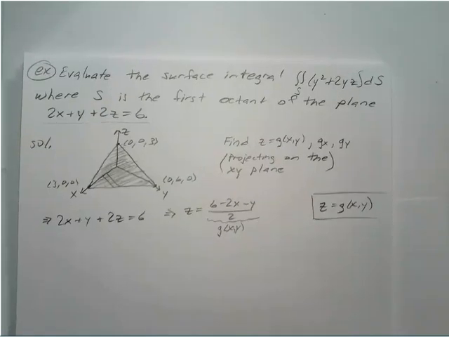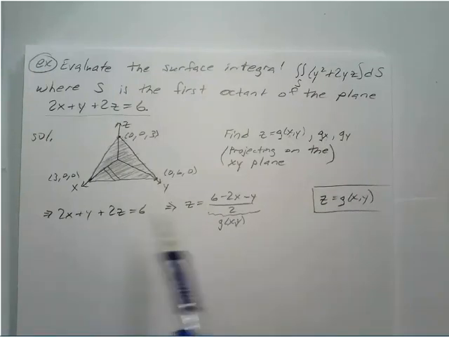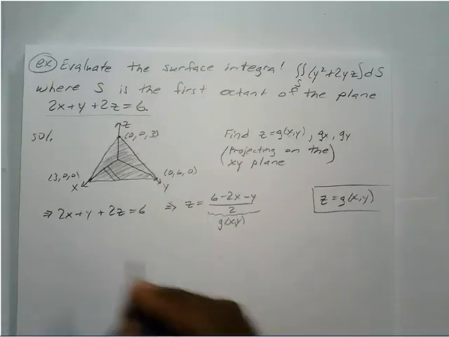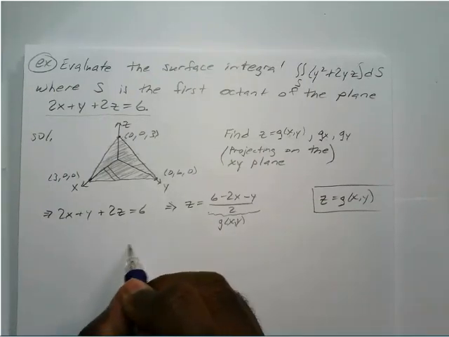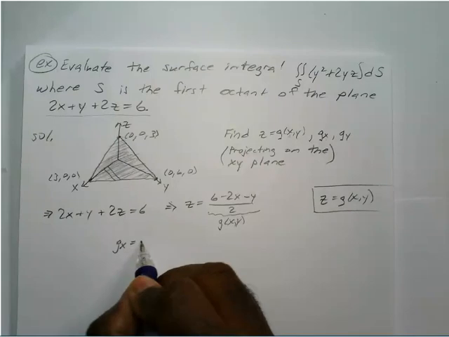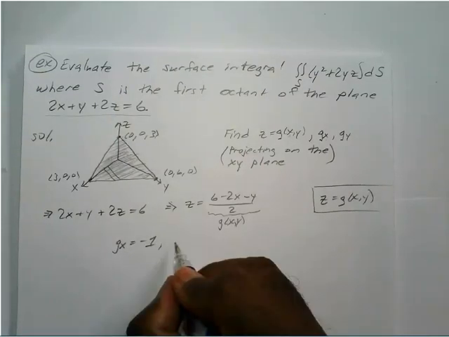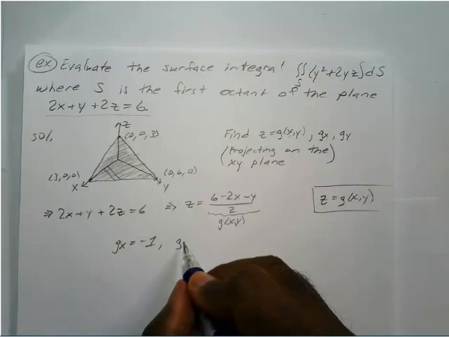All right, so we have our z equals g of xy. Our partial derivative with respect to x is just equal to -1, and our partial of g with respect to y is equal to -1 half.